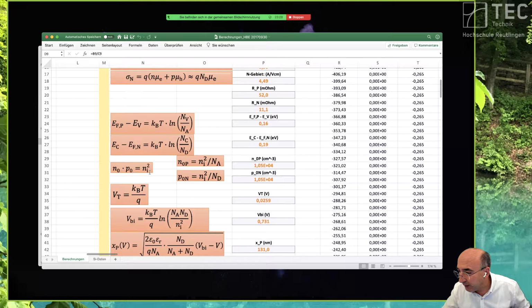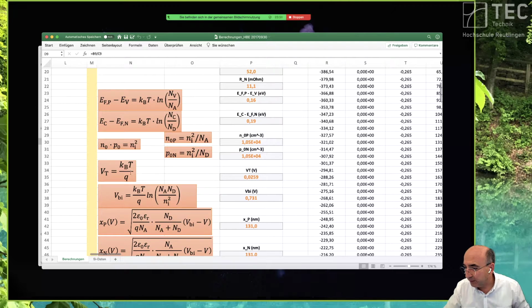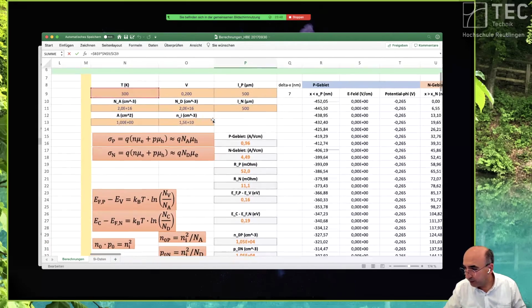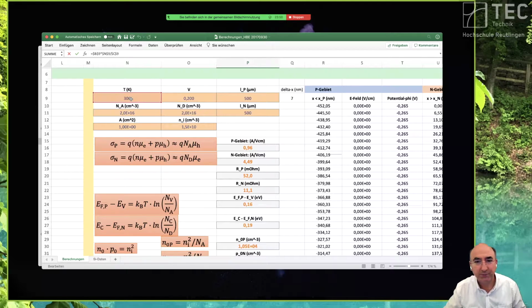As you can imagine, I have this equation also in this spreadsheet. Its result is given here, and it calculates the thermal voltage dependent on the temperature.